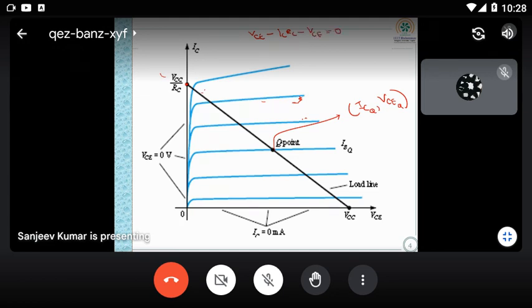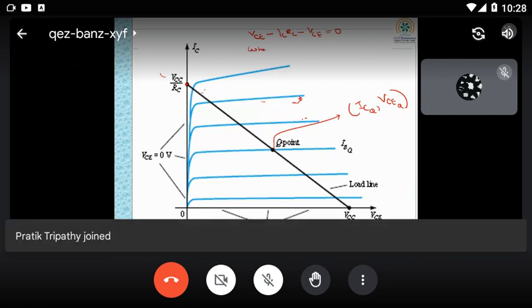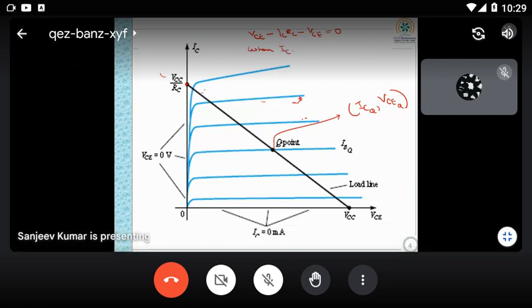If you put the maximum, you will get maximum VCE when IC is equal to 0, and VCE is equal to VCC. So VCE max is equal to VCC. Similarly, when VCE is equal to 0, IC maximum is equal to VCC by RC.